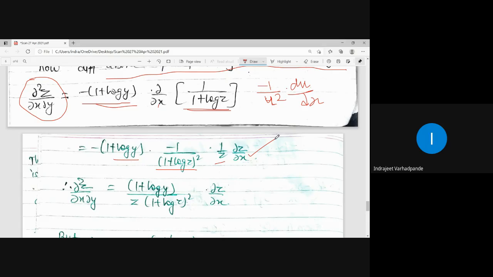Clear? Is this point clear? Yes, sir. So del 2z by del x del y, minus into minus is plus, 1 plus log y upon z into 1 plus log z whole square into del z by del x. Now do you have the value for del z by del x?